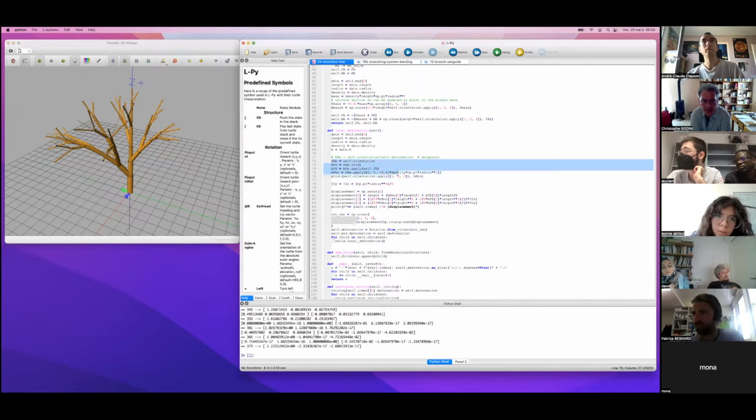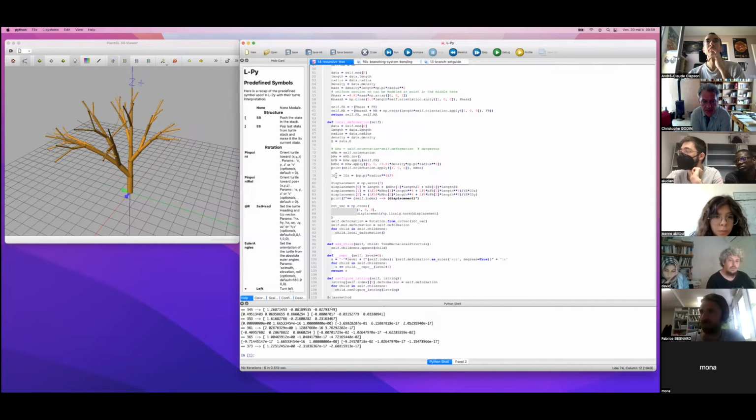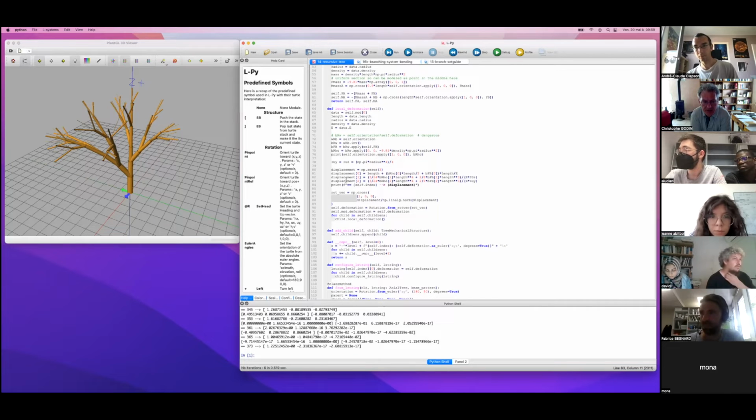So that's why we have some rotations here. Then just computing the displacement. Well, I did that by hand, but so it is. So I get the displacement in X, Y, and Z.